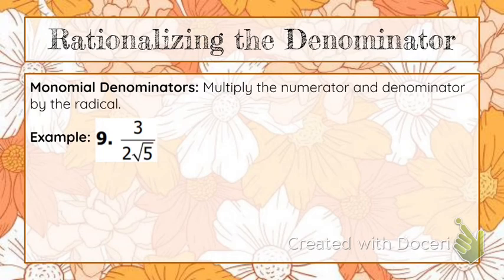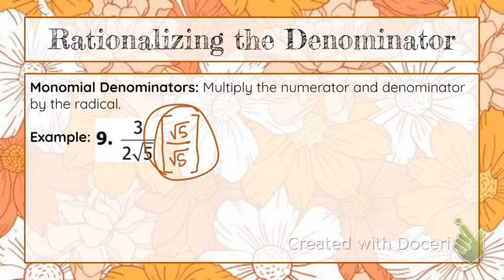So we are going to follow the rules here. It says multiply the numerator and denominator by the radical. So the radical is the square root of 5, so we're going to multiply both the numerator and the denominator by the square root of 5. But something I want you to notice about why we choose to do it this way. If we just look at this, the square root of 5 divided by the square root of 5, that would just equal 1.